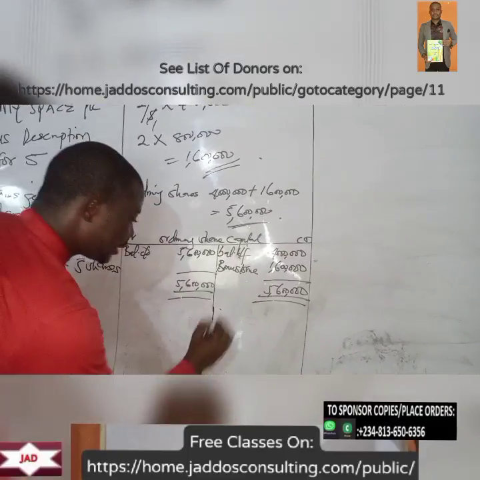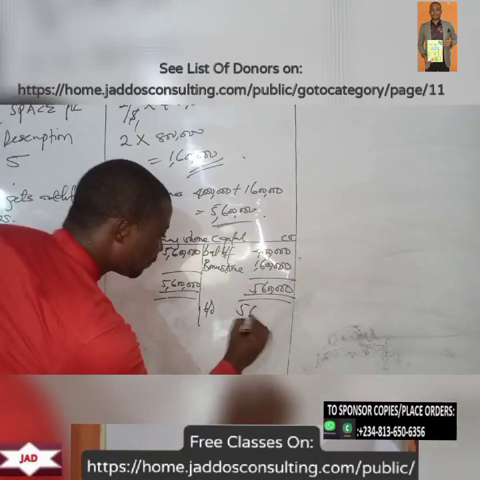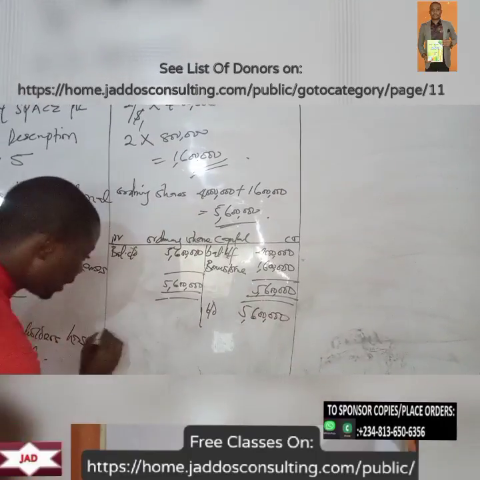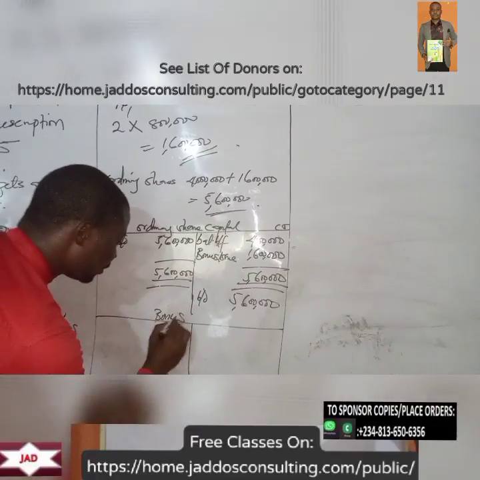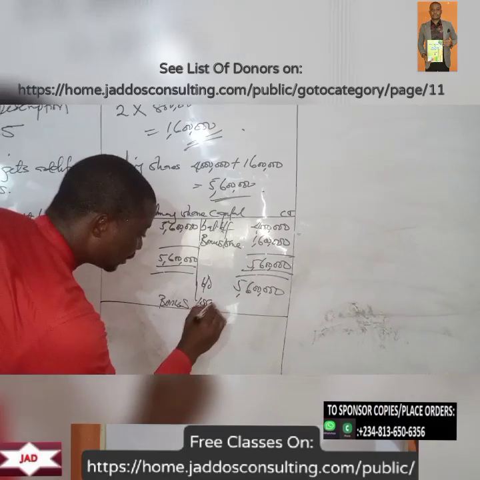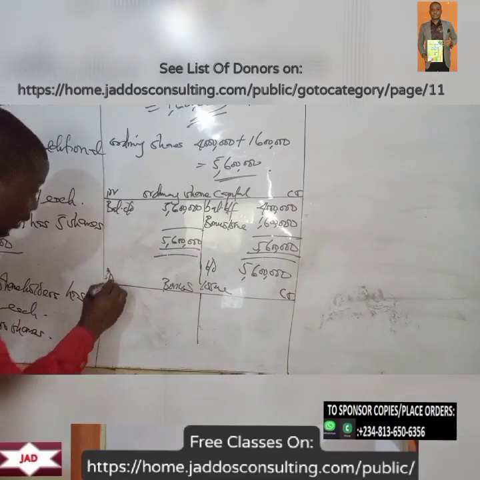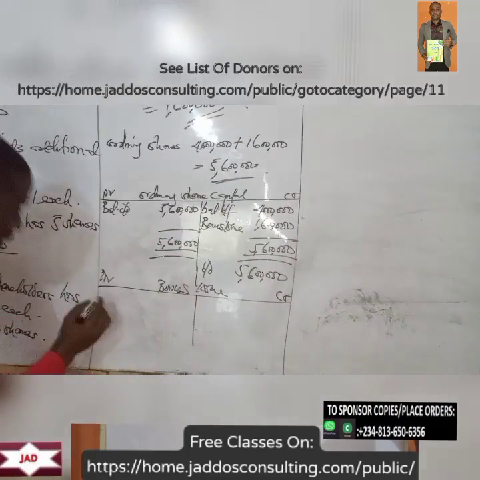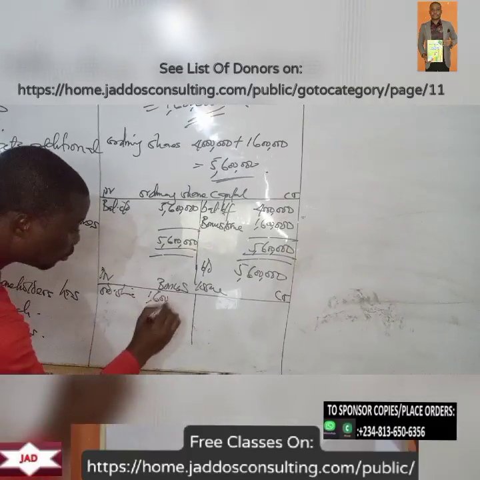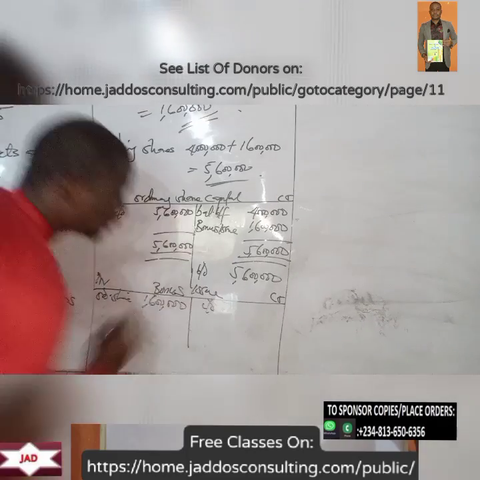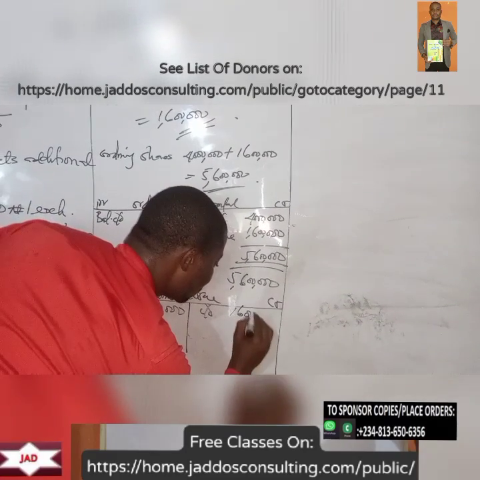So the new ordinary share now will be 5,600,000. So here, what do you have? You have bonus issue, or bonus share. Of course, this year we say ordinary share capital, 1,600,000. So the new balance will be 1,600,000.